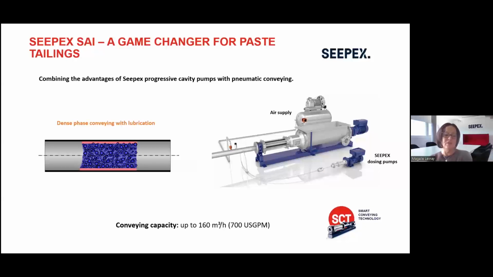Traditionally, we see the industry using high pressure piston pumps that require a lot of energy. But here with Smart Air Injection, we can actually transfer paste tailings under low pressure conditions.